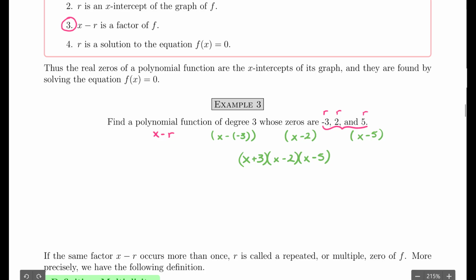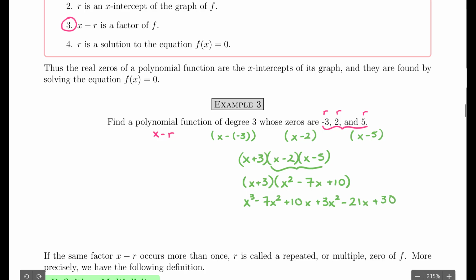So let's go ahead and multiply the x minus 2 times x minus 5. So we have x plus 3 times x squared minus 7x plus 10. And then we'll distribute the x plus 3 through there, and we're going to get x cubed minus 7x squared plus 10x plus 3x squared minus 21x plus 30.